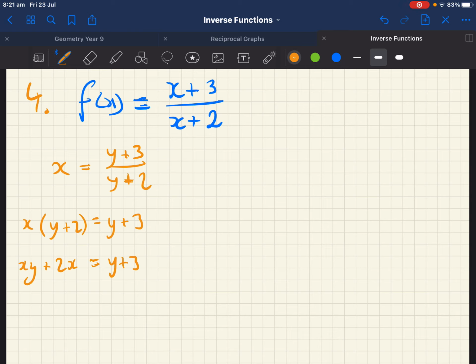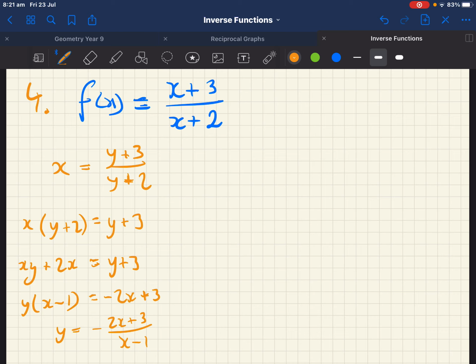I'm going to take this y across. So I've got y outside of x minus 1. I've taken that y across to the other side and factorized it. And I'll take this minus 2x over to this side. So I end up getting this. And there we go. Minus 2x plus 3 all over x minus 1.